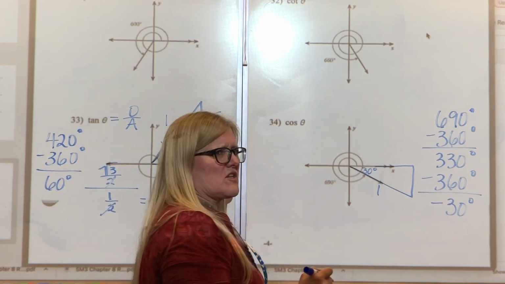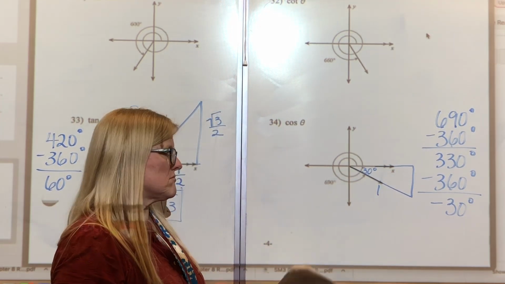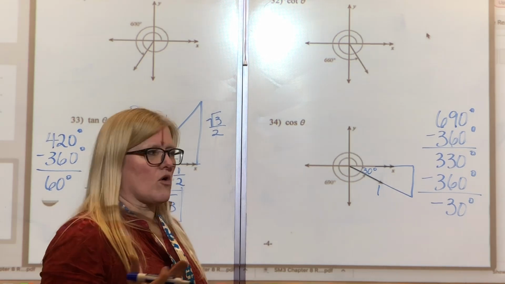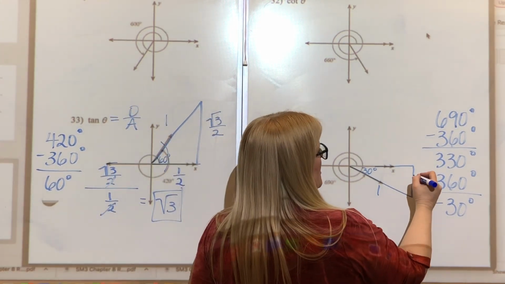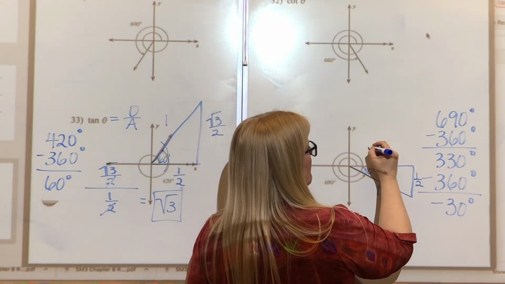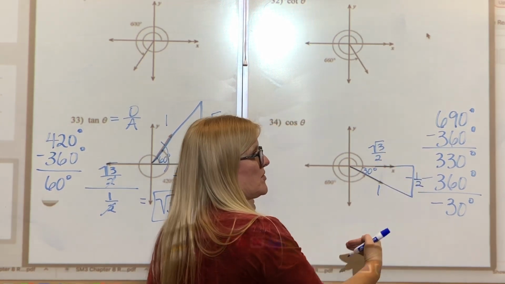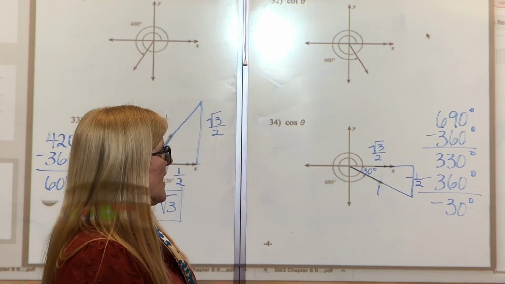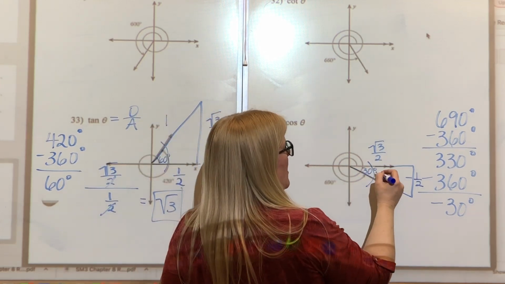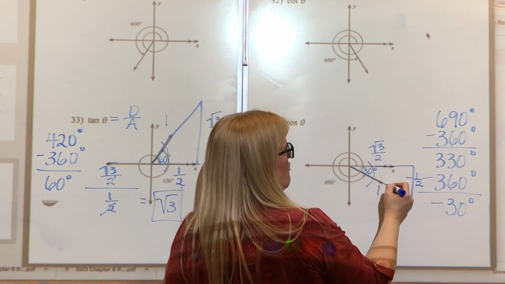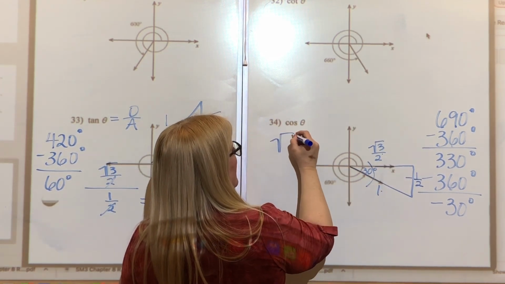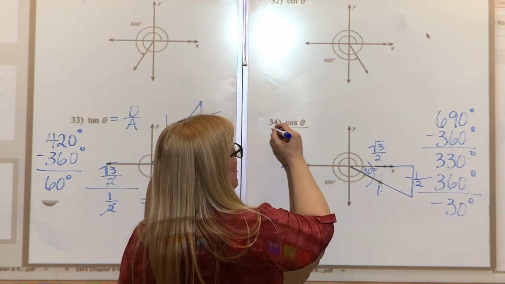The hypotenuse is always positive, by the way. I think I've said that before, but yeah, it's always positive. So the short end here is 1/2. This is root 3 over 2. This is a negative because I'm down below. Okay, and the cosine is my adjacent over the hypotenuse. So the answer is root 3 over 2.